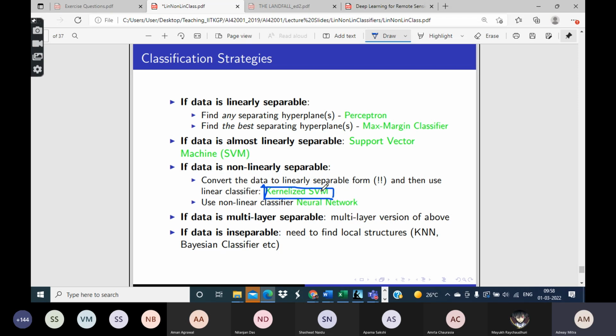But after deep learning became feasible due to the improvement of computing power, people started seeing that neural networks are capable of doing better than kernelized SVM for most purposes. So this is the story of nonlinear classifiers.